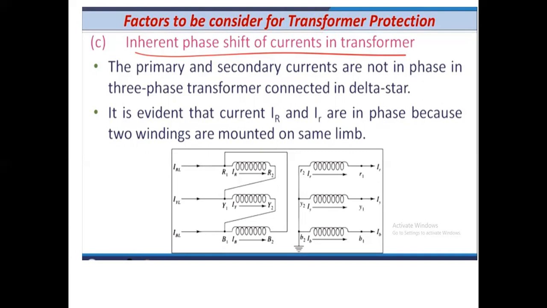When we consider the delta star transformer, in actual substation practical field, whatever power transformer we use is either the Dy1 vector group or the Dy11 vector group. The other vector groups, Dy7 and Dy5, are not used. So we use only either Dy1 or Dy11.